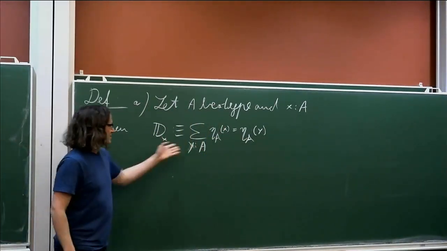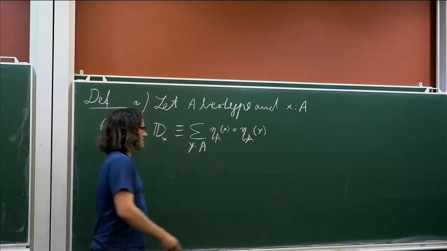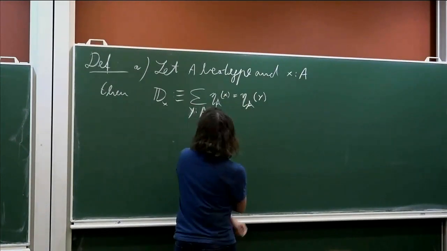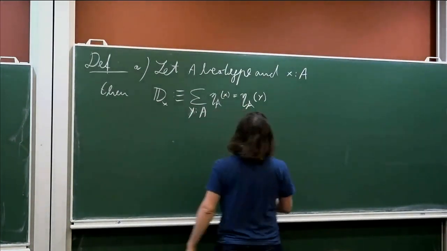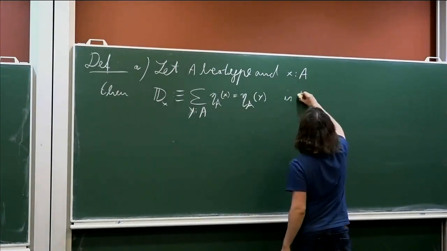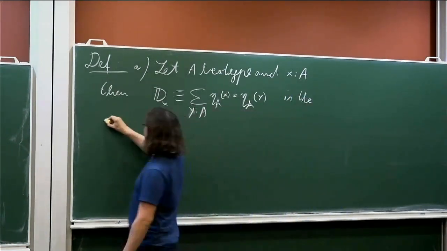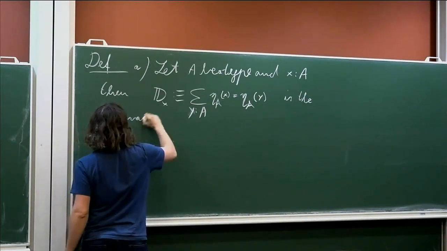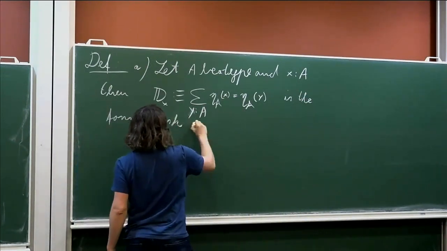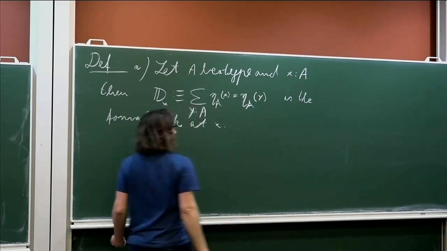So this would then read as the sum of the a that are infinitesimally close to x. Okay, then this thing is what's called the formal disk at x.